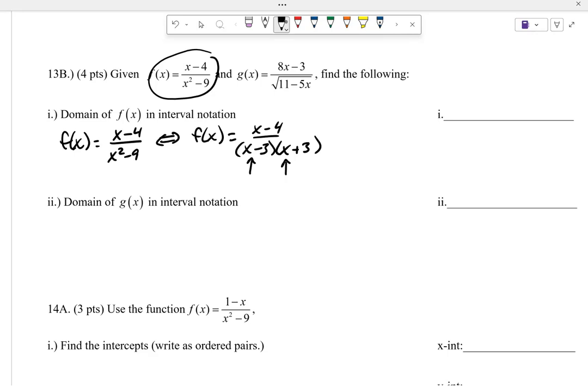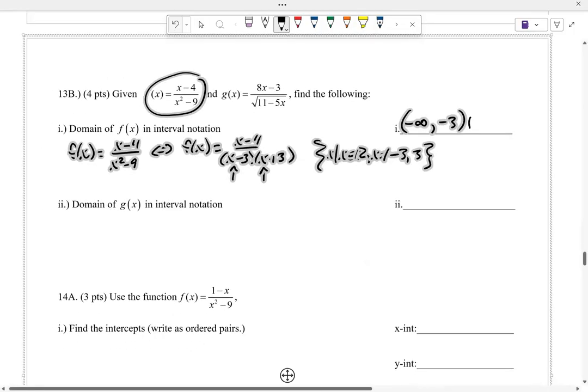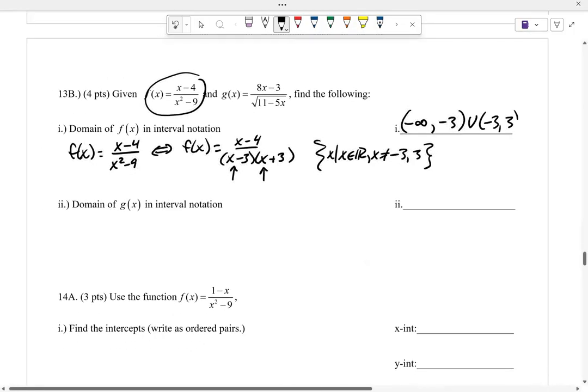So my domain would be x such that x is all real numbers, but I can't be negative 3 or 3. But this is set notation. Let's put it in interval notation. Anything up until negative 3, and then between negative 3 and 3, and then anything after 3. Again, remember the interruptions here are at negative 3 and 3.